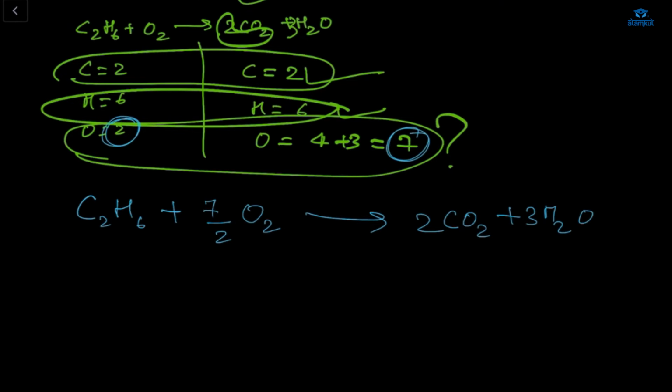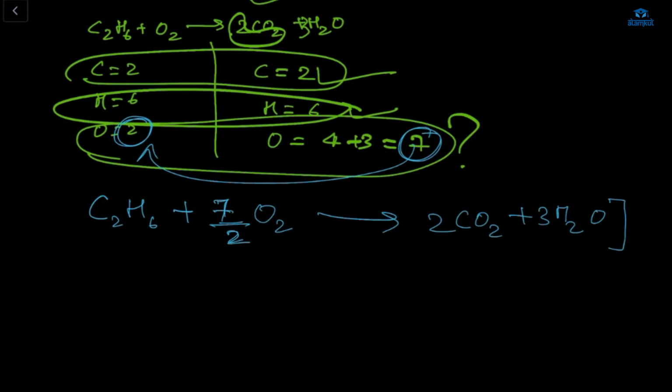Here it's 7, so we have to make it 7 here also. So I am writing 7 by 2 O2 and multiplying the whole equation by 2. If we open the bracket, the 2 and 2 get cancelled and we get 7 in place of the LHS.